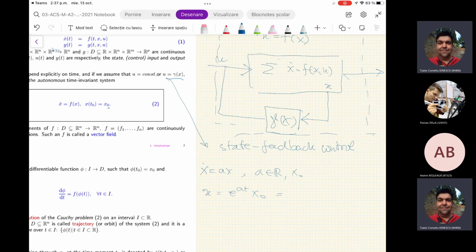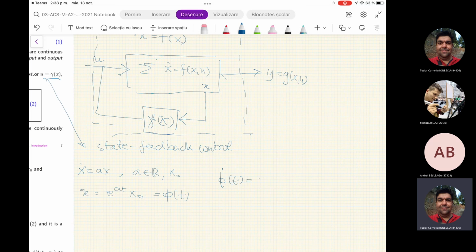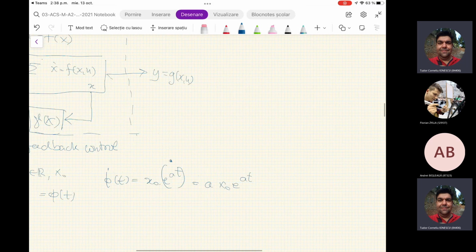So this is actually phi t. And we see that phi dot t is, taking the derivative of x naught e to the power at, a times x naught e to the power at.